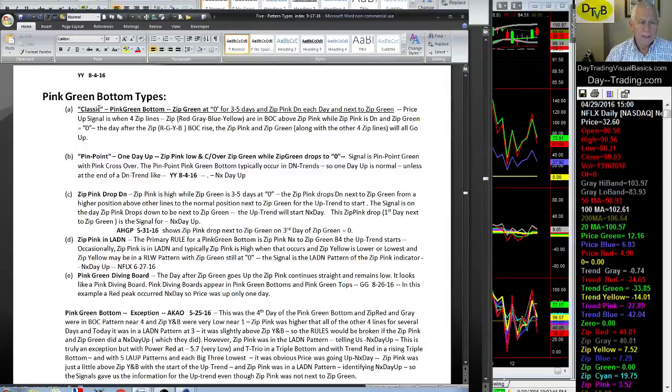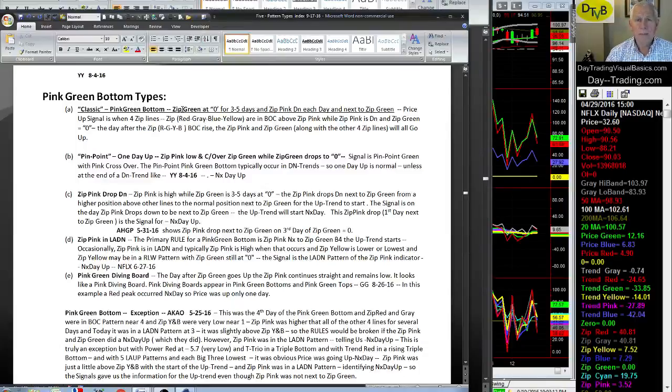That's true in the classic pattern. Zip green will be going down, zip pink will be going down all the time, and then there'll be a signal that'll send both zip pink and zip green up, and it'll start an uptrend, or it may just be a one-day up pattern.